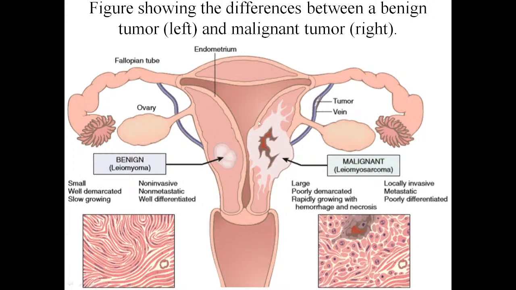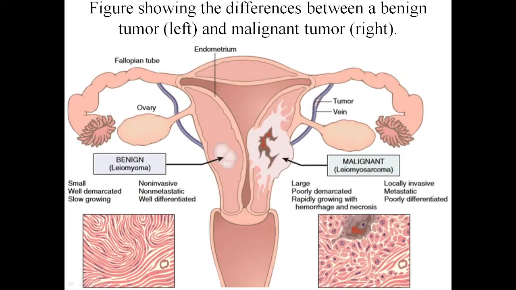This tumor is rapidly growing with hemorrhage and necrosis. Inside this tumor you can see the hemorrhage and necrosis. This tumor is locally invasive, metastatic, and poorly differentiated.